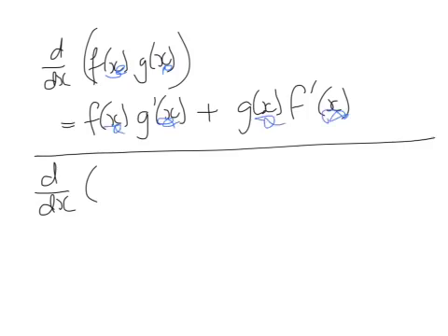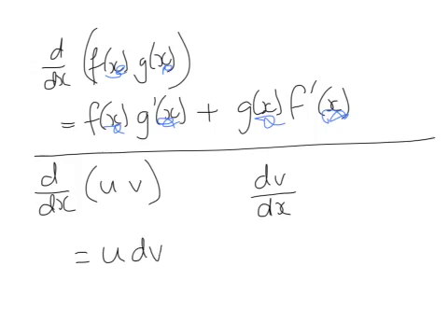So sometimes I just say u and v, meaning the two things that are multiplied together, and then I hold the u still and differentiate the v, and now I'm super lazy because I don't even write dv by dx. I just write dv. How lazy is that? That's proper lazy.